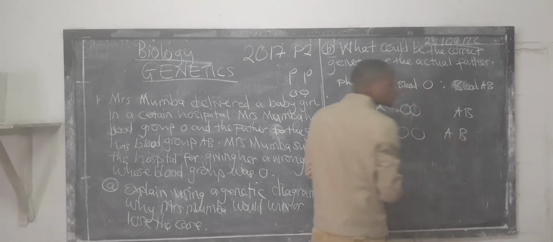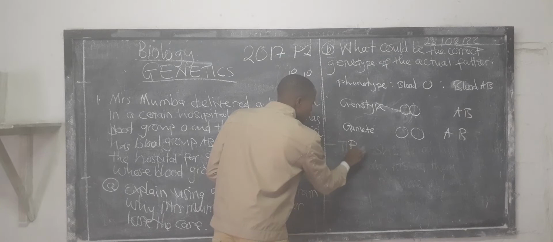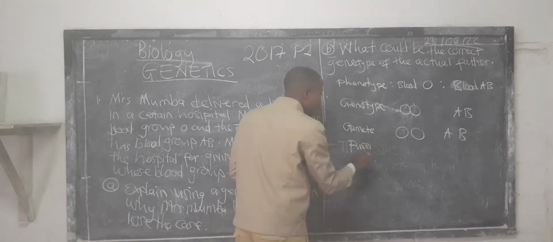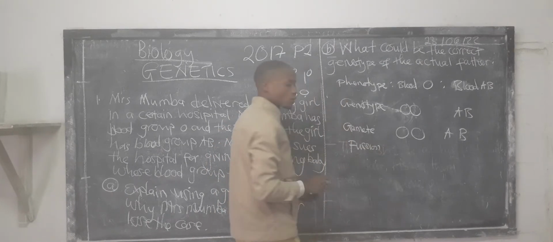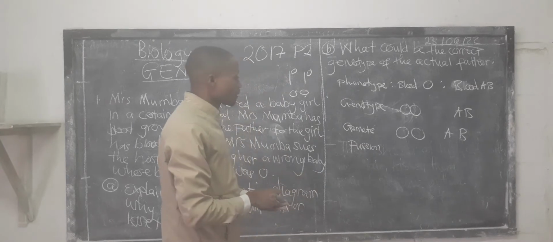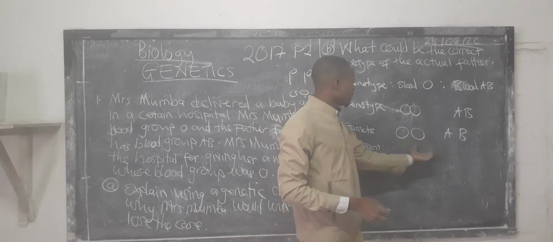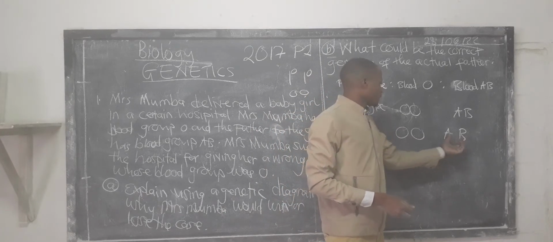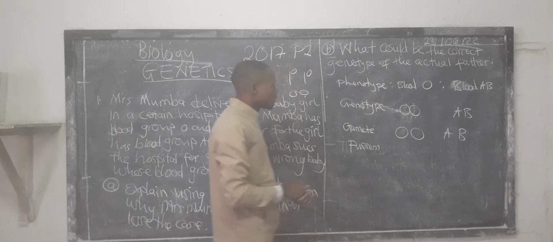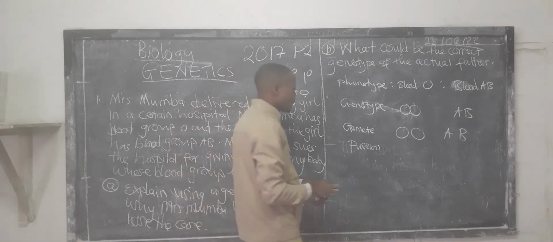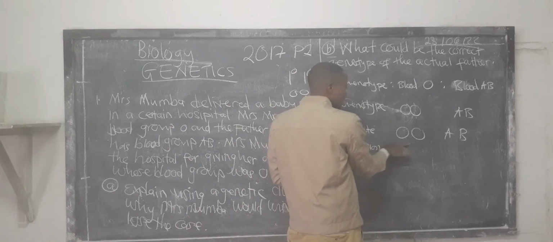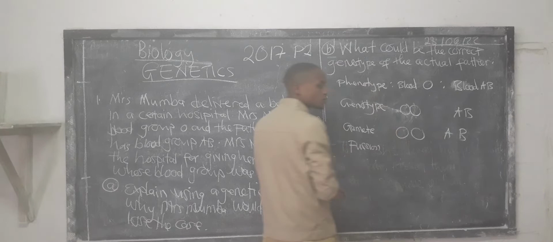Now on the gametes, you write the word fusion. You can use fusion, fertilization with one T, or meiosis, either of these three words. Now these are the gametes of the mother and those are the gametes of the father. When you cross multiply, the genes here must be multiplied with all the genes of the father.